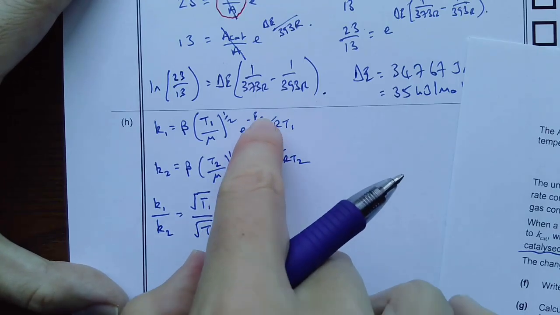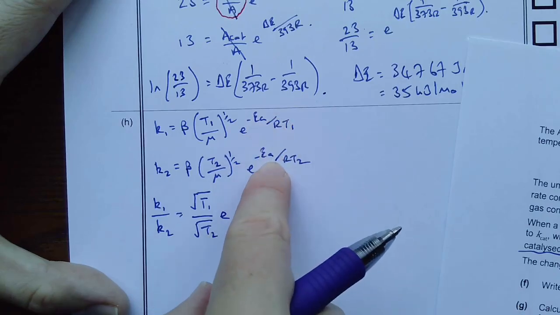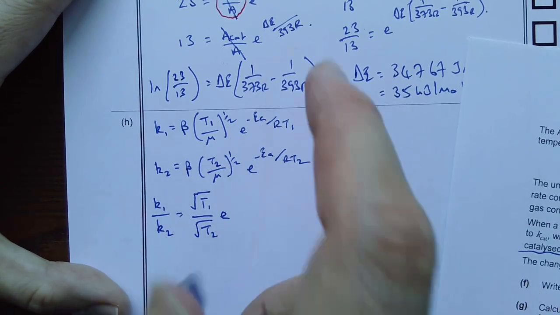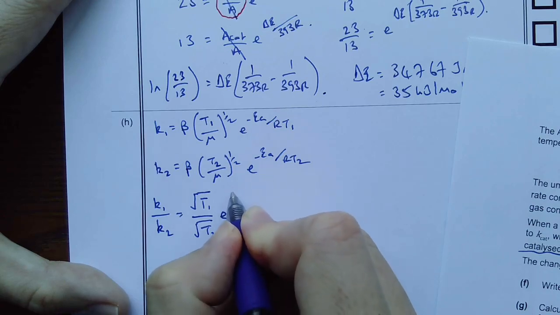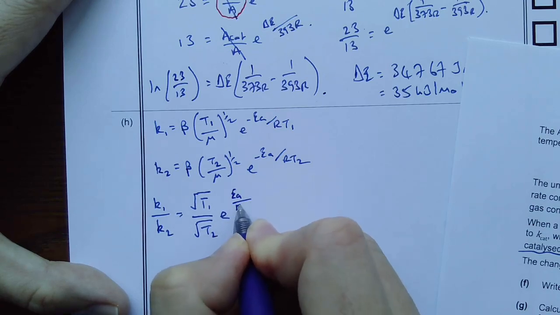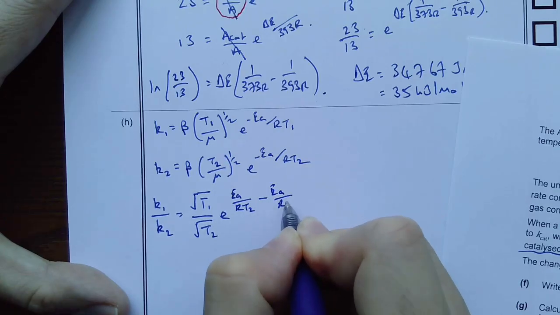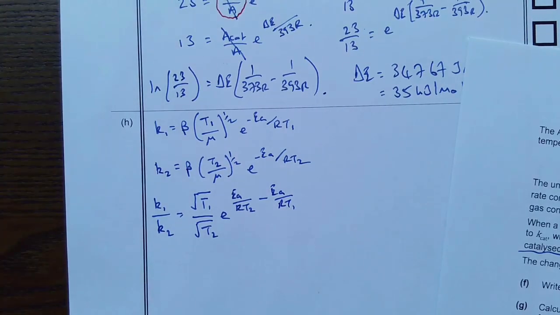It's going to be e to this power minus this power. But because this is a negative, this one's going to become positive, and that one's going to stay negative. So I'm going to do it all in one step here: EA over RT2 minus EA over RT1. Make sure you don't get that mixed up.